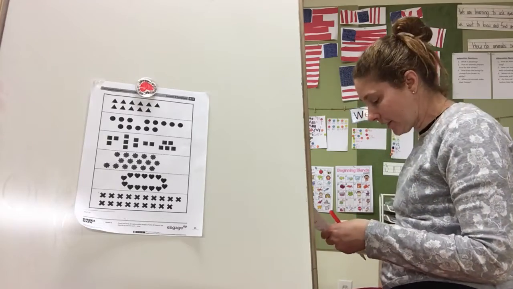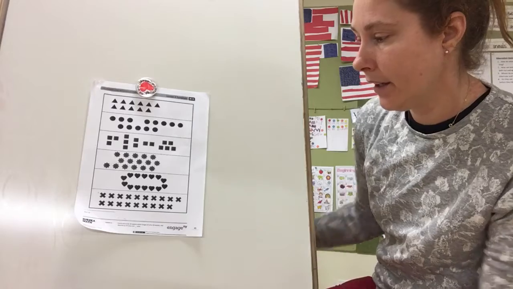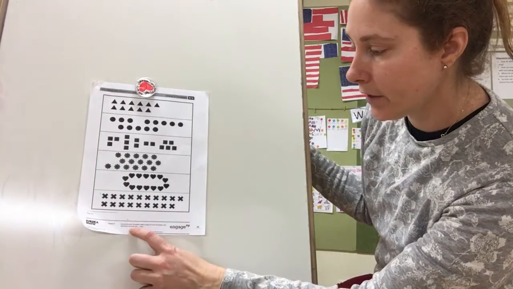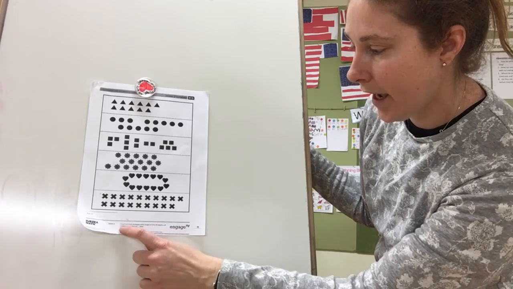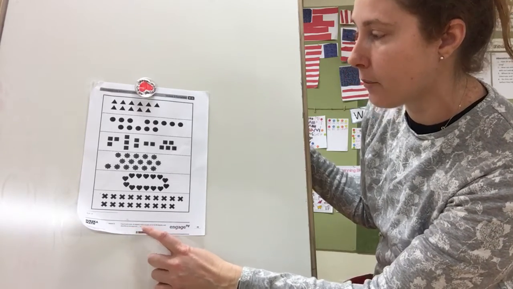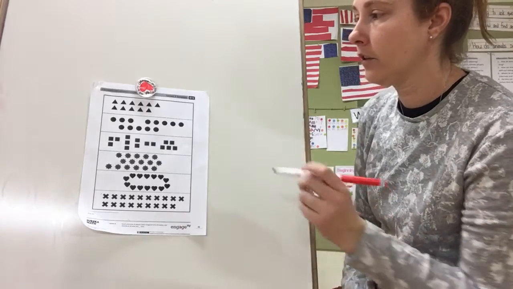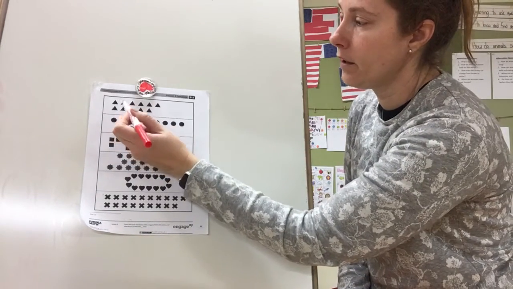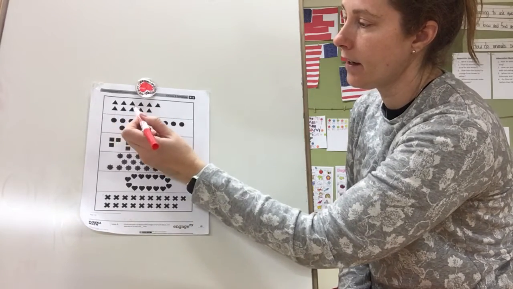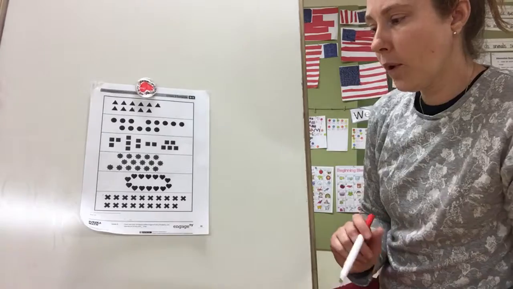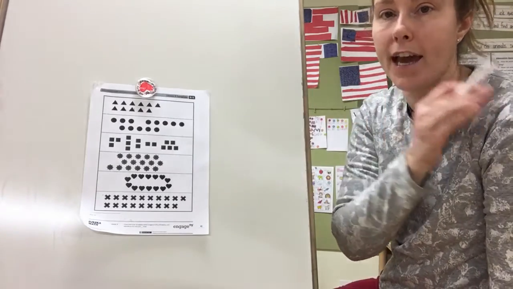So the template says, count and circle 10. Directions right here: count and circle 10 objects within objects of 10 to 20 objects and describe as 10 ones and blank ones. So the first one is our triangles. 1, 2, 3, 4, 5, 6, 7, 8, 9, 10. What is a good way to identify our group of 10 versus the extra ones?